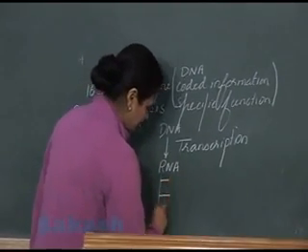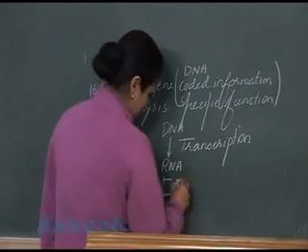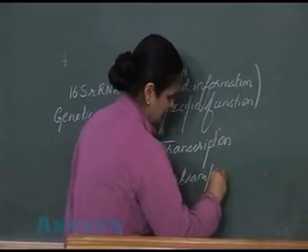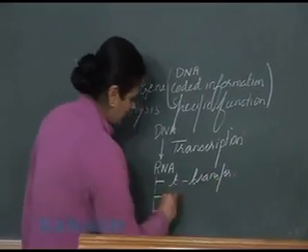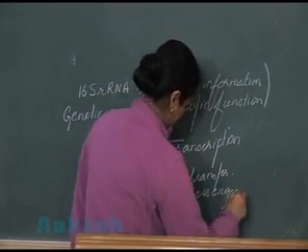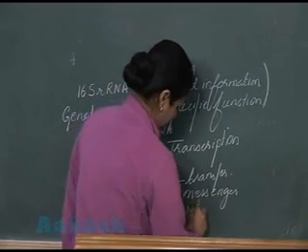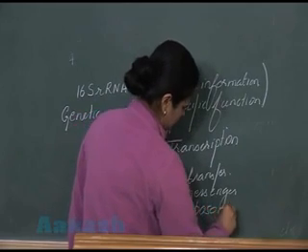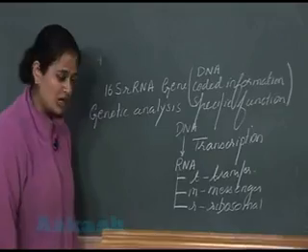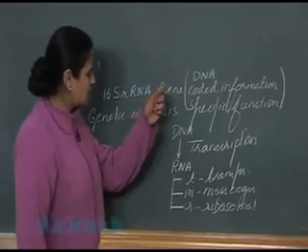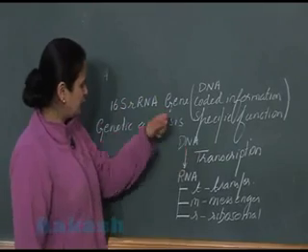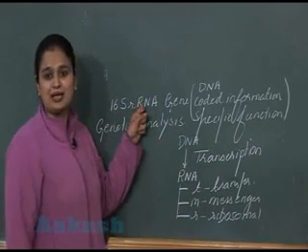RNA is of three types: tRNA, that is transfer RNA, mRNA, that is messenger RNA, and rRNA, which is ribosomal RNA. And what has he used? He has utilized such DNA which has the ability to form ribosomal RNA.